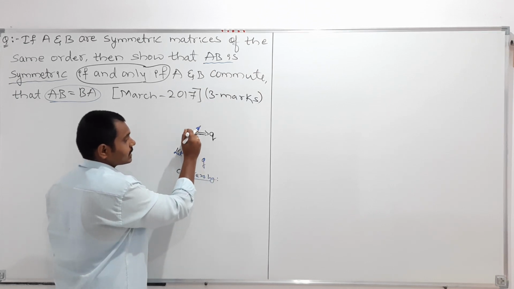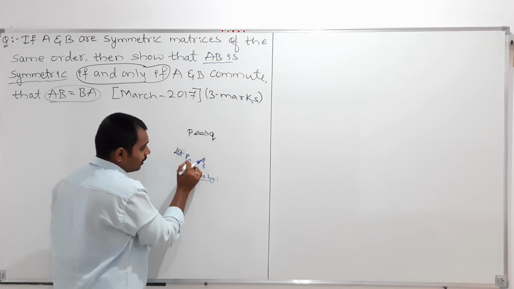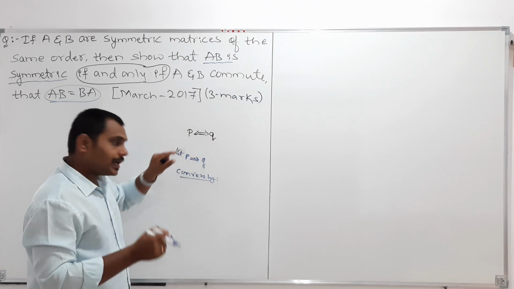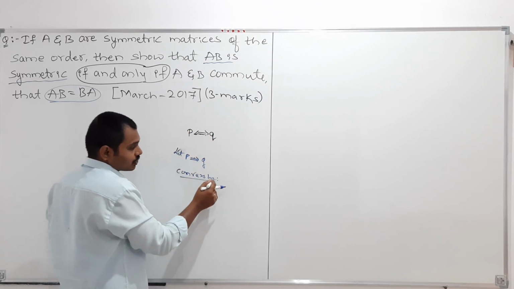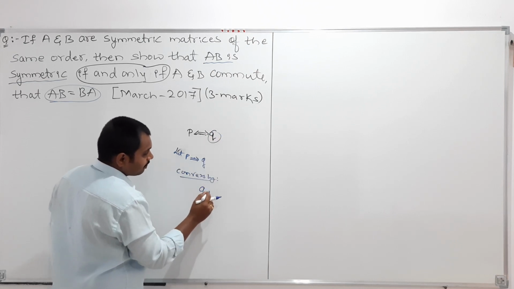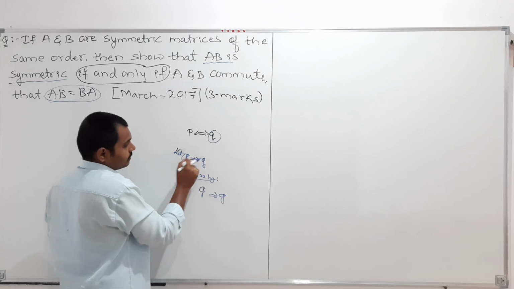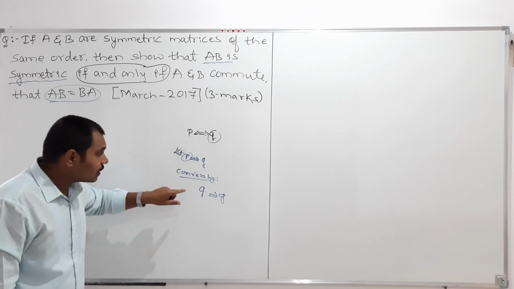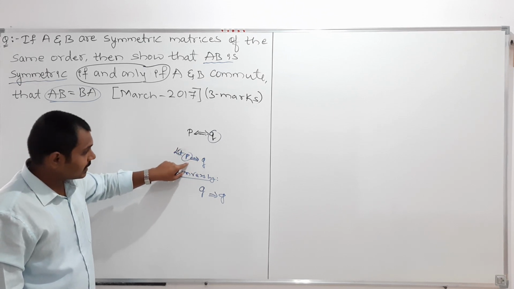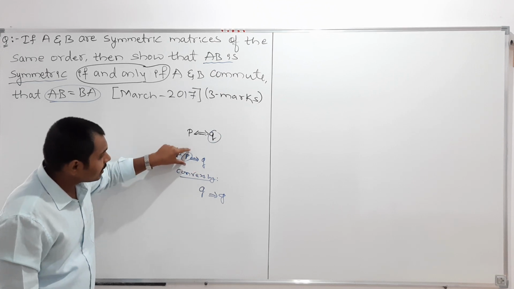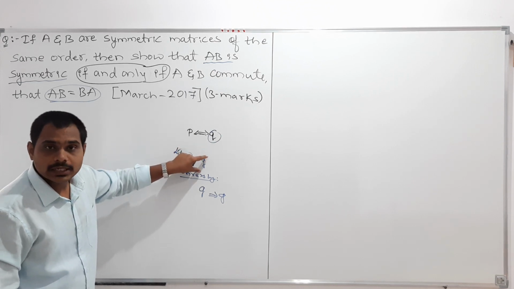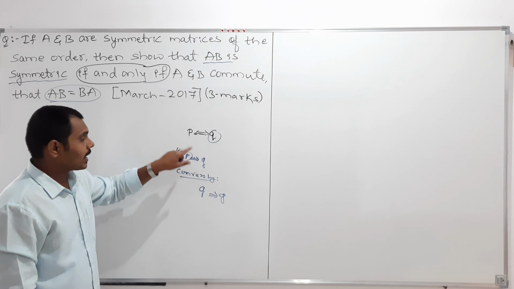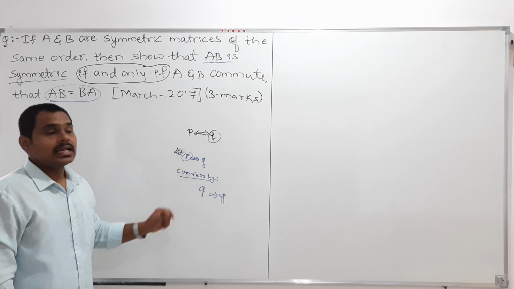First we should assume the statement P and end up with Q. It means we should prove the result Q. And next, in the converse, in the reverse, we should take Q and then prove P. In the first part we are going to prove Q from P. In the next part we take the last result Q, and then we prove the result P. Like this we will prove.